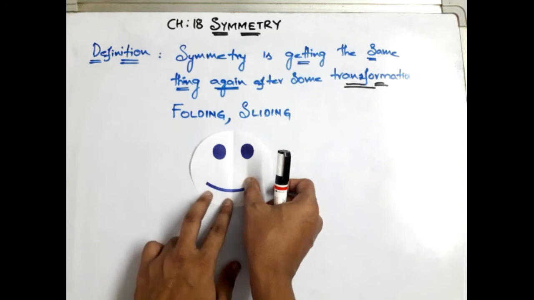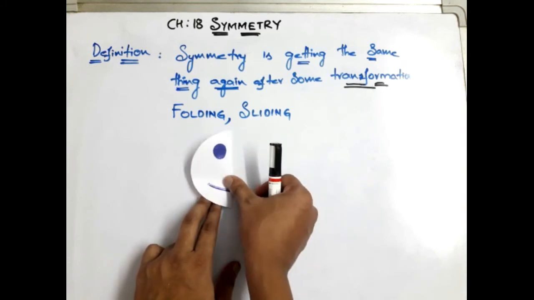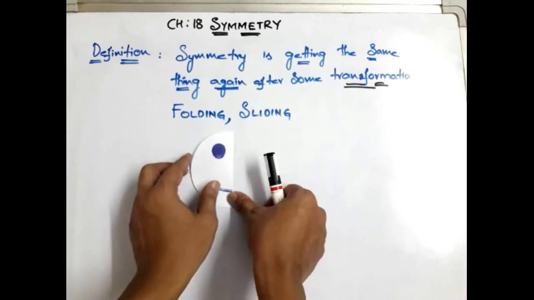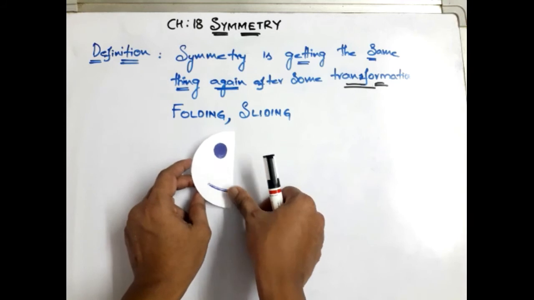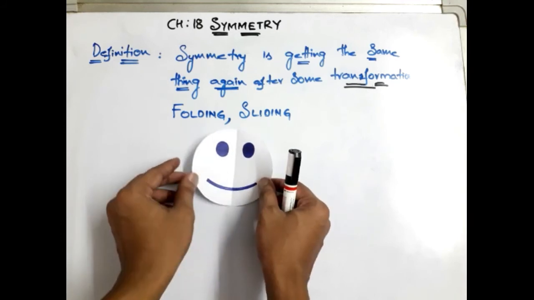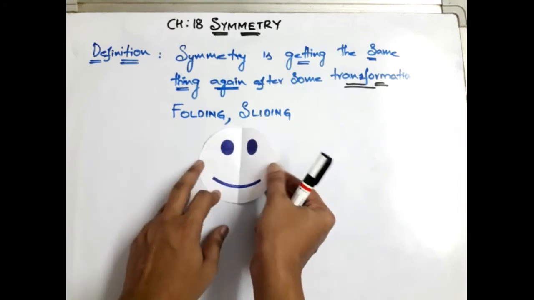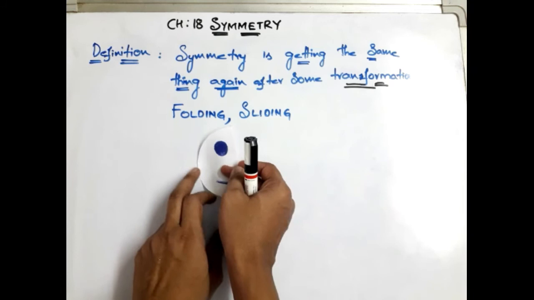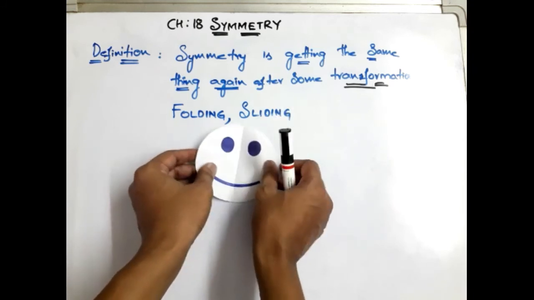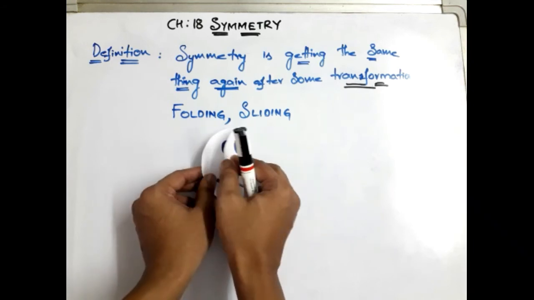It means if we fold this figure like this, it's very clear that these both halves overlap each other. If we fold from this side to the other side, and if you fold this side to the other side, what we can observe is they will overlap each other.